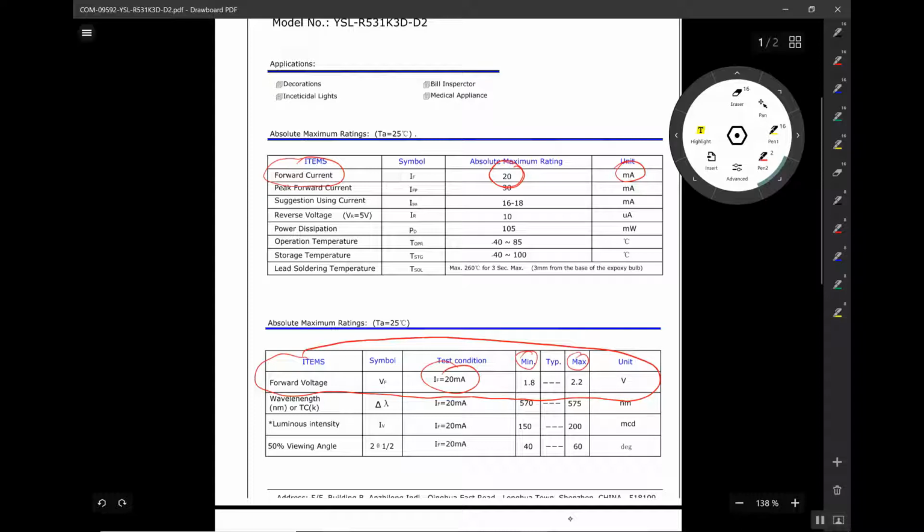The max is 2.2. And typical, there's no number given here, but I'll split the difference, 2 volts, halfway between 1.8 and 2.2. So to make this green LED work, we wanted to design a circuit so the LED's receiving a current of 20 milliamps and is getting a voltage of 2 volts. All right, so there's our design parameters. Let's go back to our drawing board and see how we can calculate what resistor we would need to make this work.